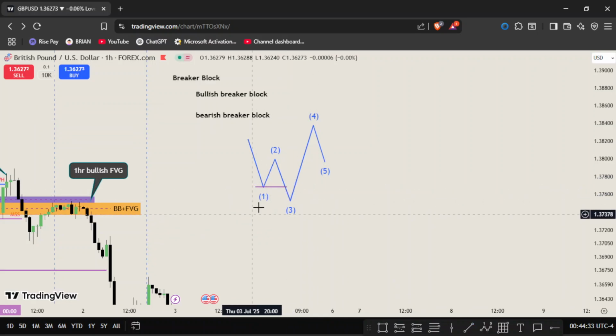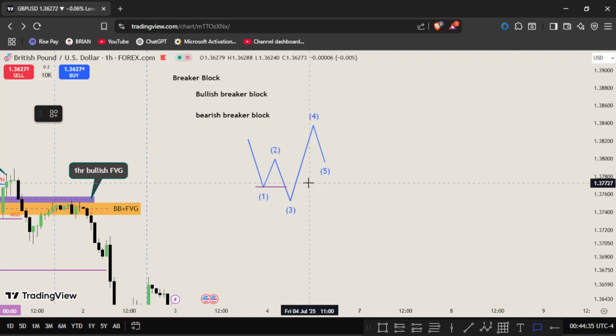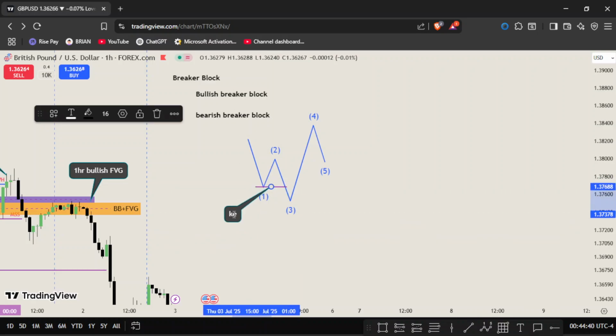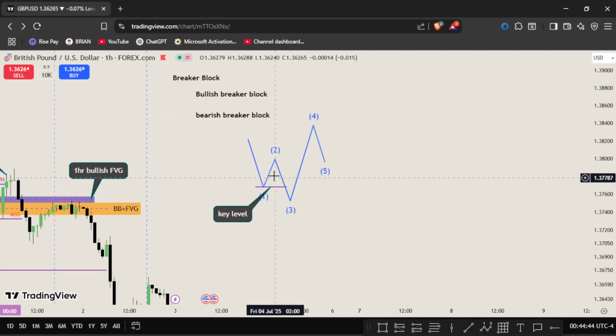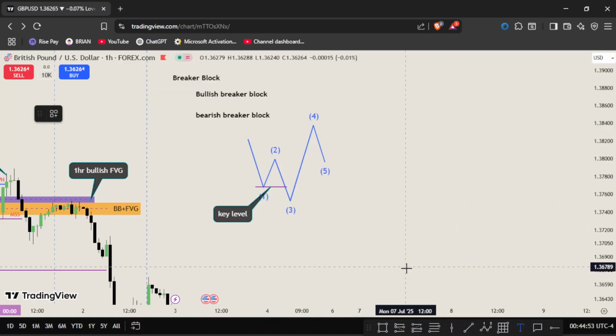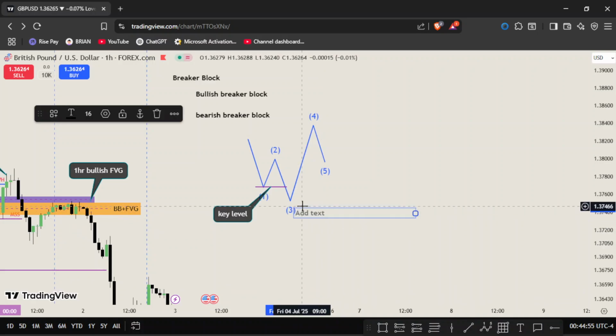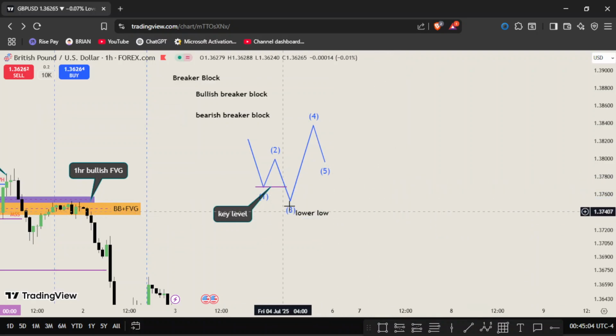Price has swept this key level and made a new lower low at number 3.